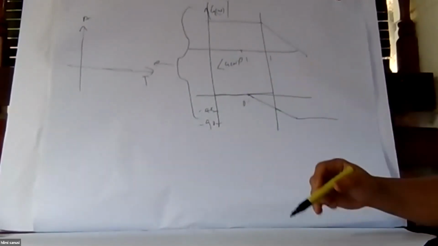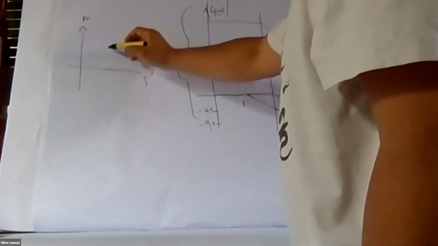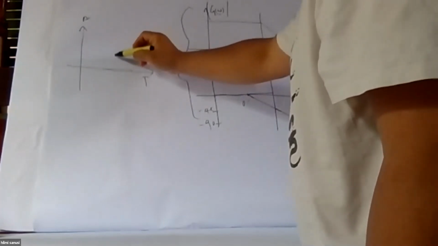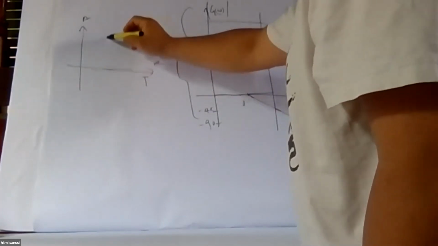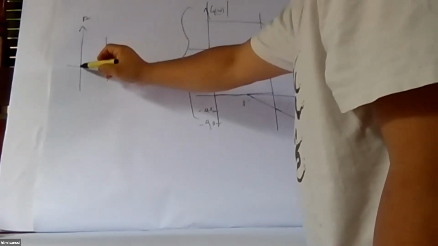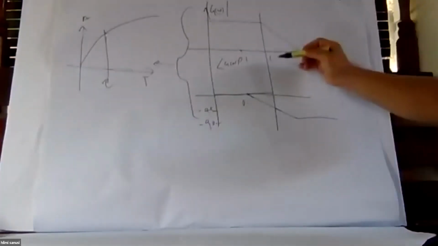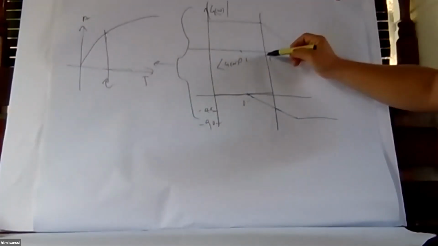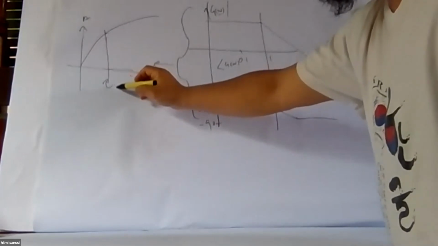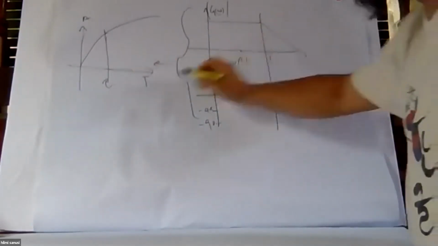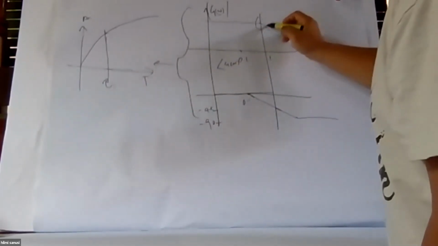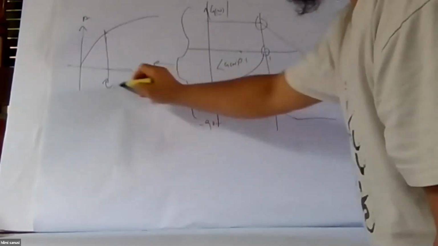So kalau macam ini, time domain, dia akan ada this is the cut-off frequency, this is your tau.